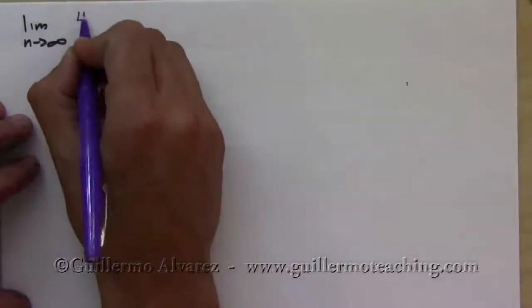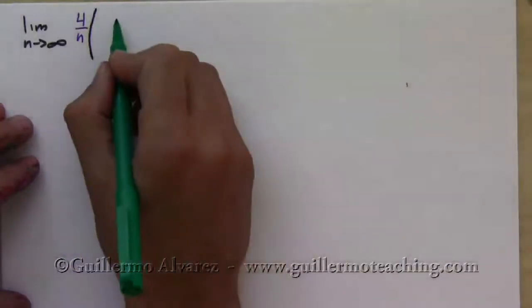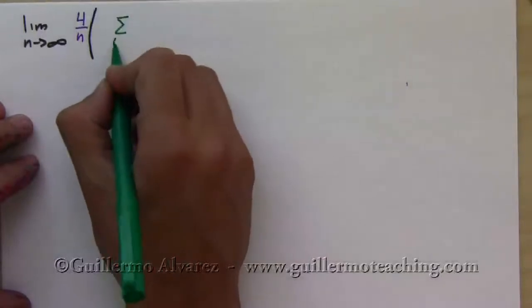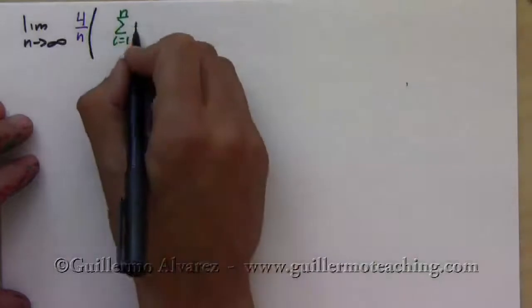And so then what I'm going to have is the limit as n goes to infinity of the 4 over n on the outside. And then I'm going to have the sum from 1 to n of 17.